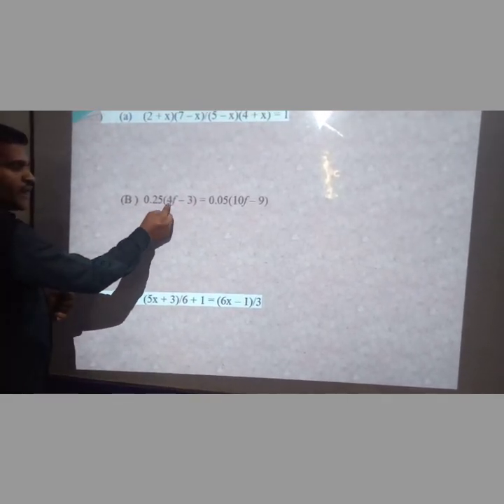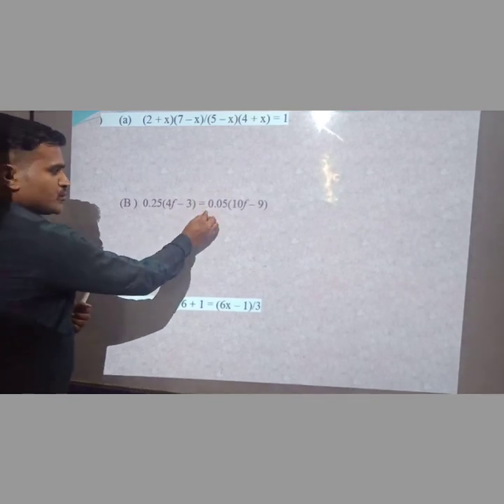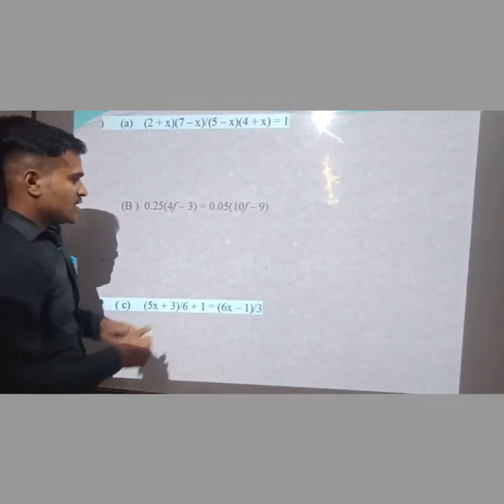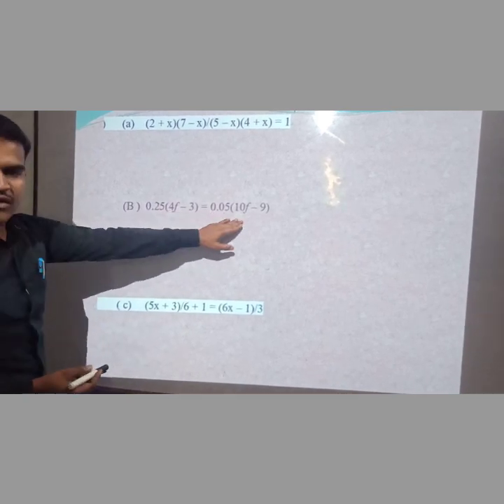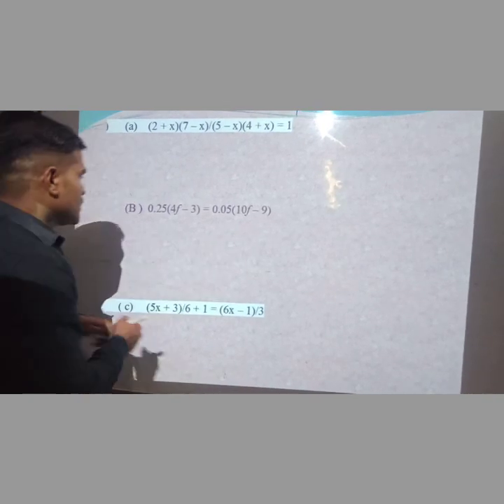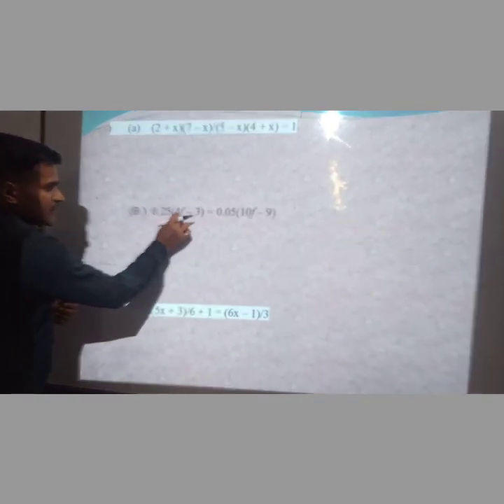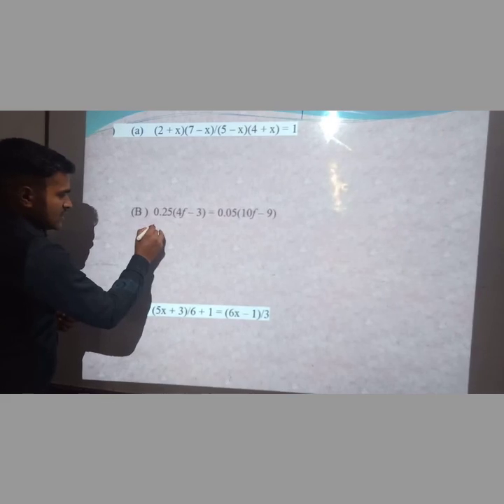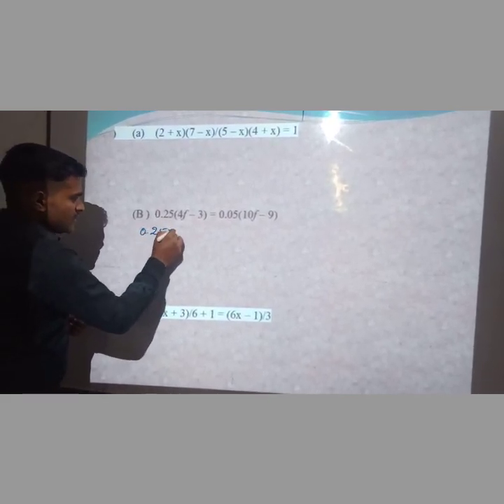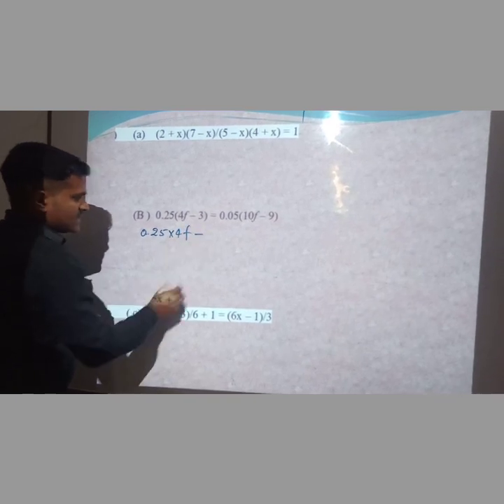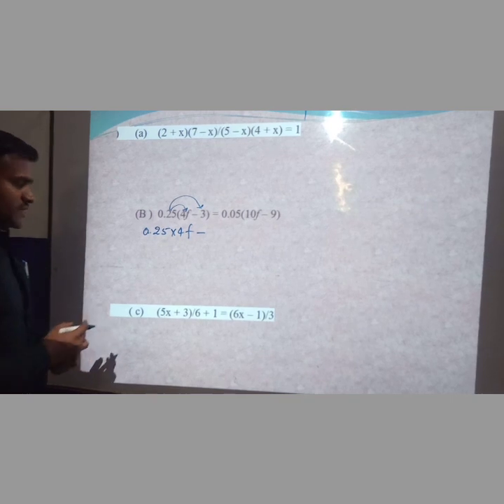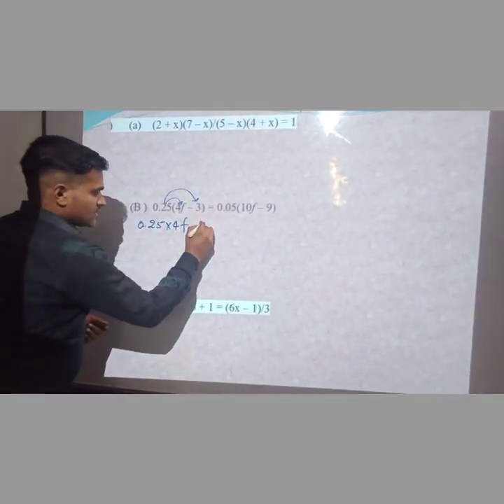Second question: 0.25 into (4f minus 3) is equal to 0.05 into (10f minus 9). We have to find the value of f, because one variable is there, that is f. So 0.25 multiplied with 4f, and again multiplied by minus 3.